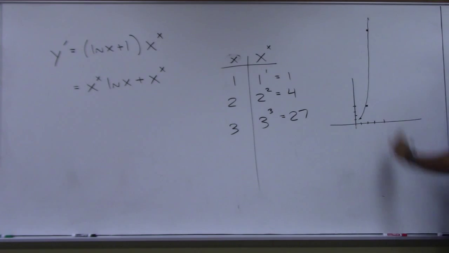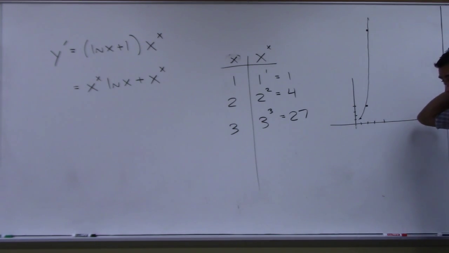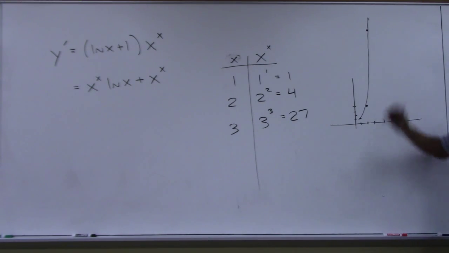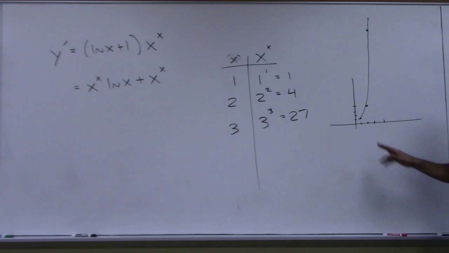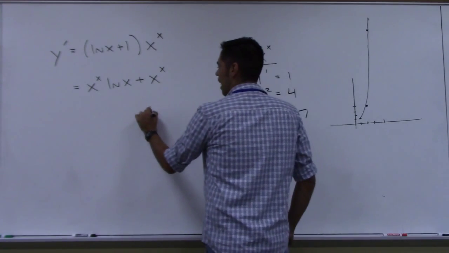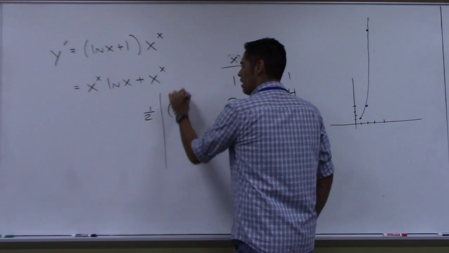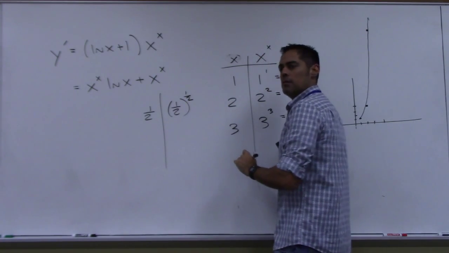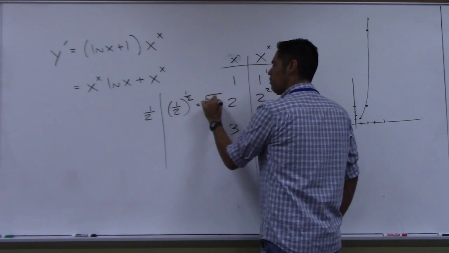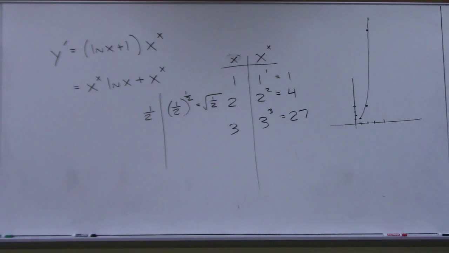If you were to graph some other numbers in there, I think we all agree it gets bigger, but what's more interesting is what happens between 0 and 1. What if you took 1/2? Then that would be 1/2 to the 1/2, which would really mean the square root of 1/2.